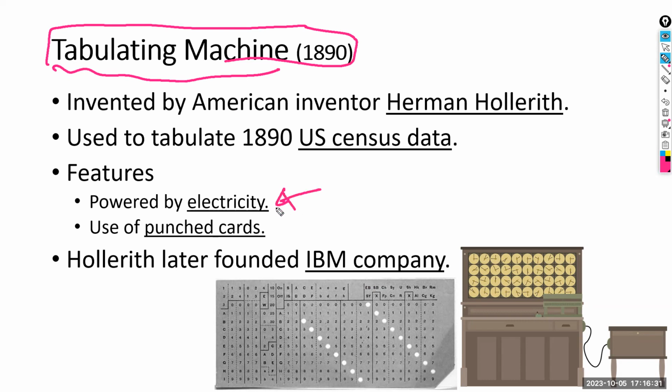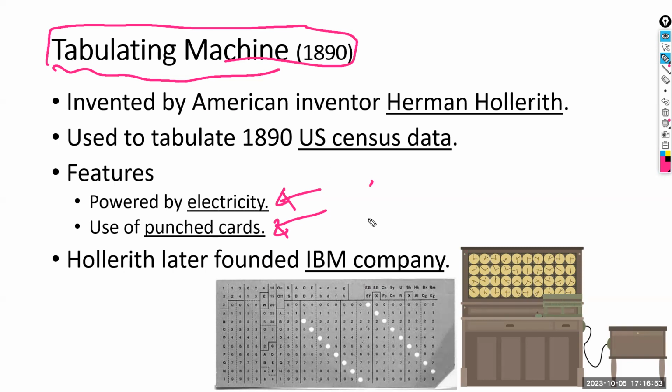So that is a milestone, because that was the first serious computing device that used electricity for power. And it also used punch cards. So therefore it's an electromechanical computer. Processed mechanically but powered by electricity.